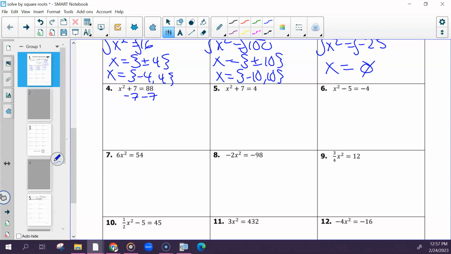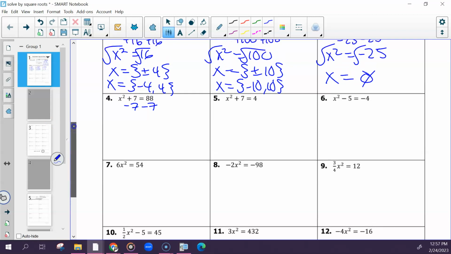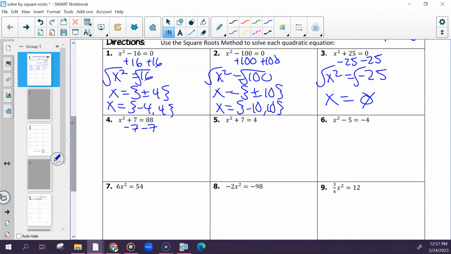So when we subtract 7, we get what? 81. And the square root is 9. Plus or minus. I'm saying or, but it's really and. It's both. Negative 9 and 9. It's just how the symbol is read. Plus or minus.